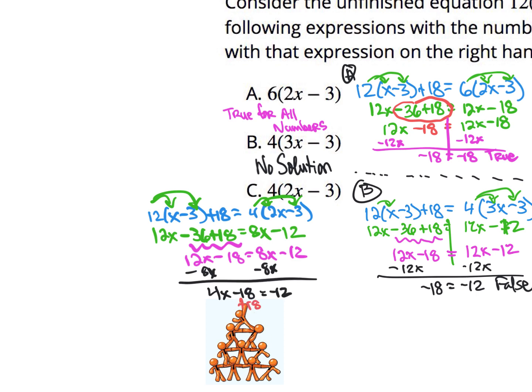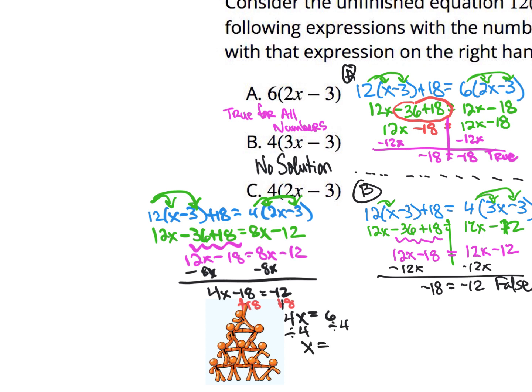Let's add 18 to both sides. So we're going to get 4x equals, well, negative 12 plus 18. That is 6. And then we're going to divide by 4.